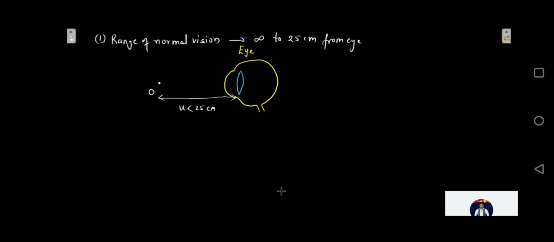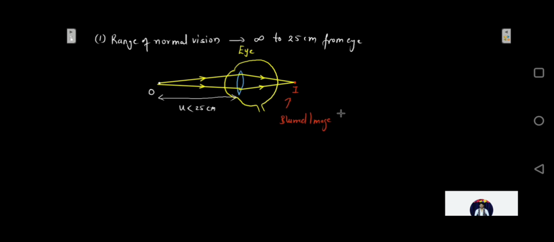The rays of light coming from an object which is lesser than 25 centimeter, the least distance of distinct vision, will form the image behind the retina. So the image won't be formed on the retina, it will be formed behind the retina, and as a result this will be a blurred image.